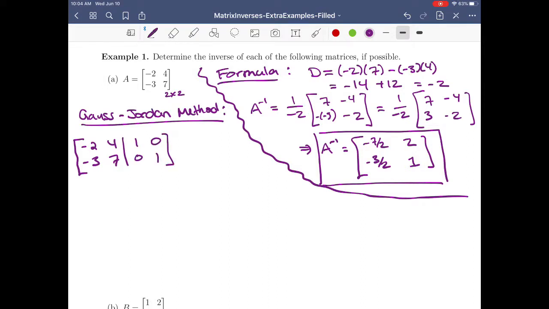And then we just row reduce like normal. So we're going to start in the top left corner, and I want to pivot around that entry. So I'm going to take row 1 and divide by -2. So that's going to give me a 1, a -2, -1/2, and 0.